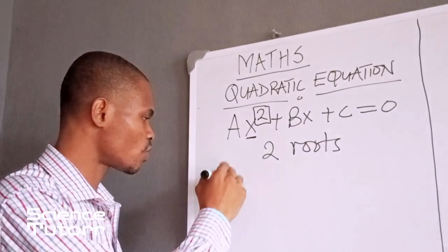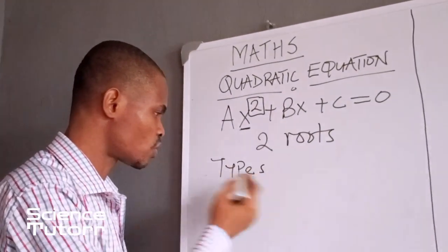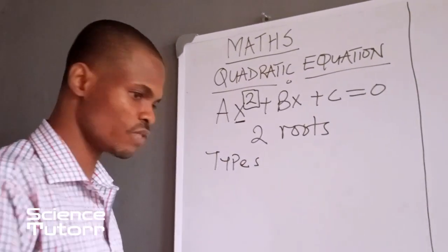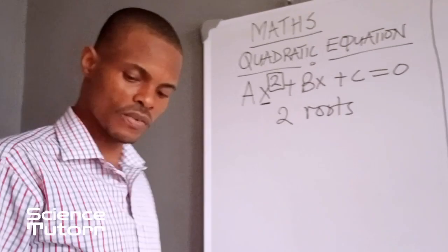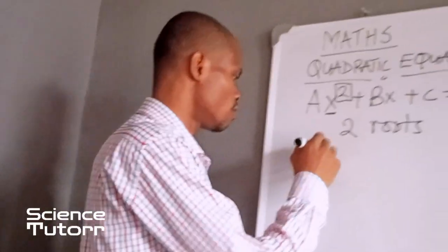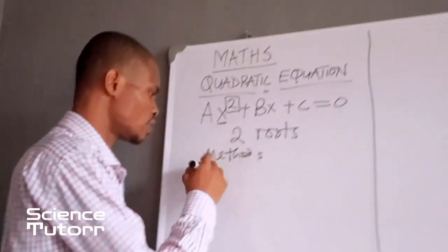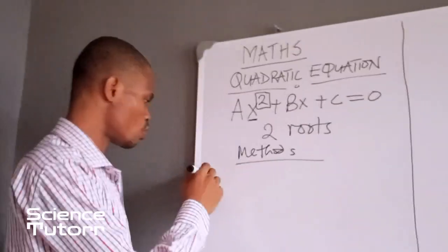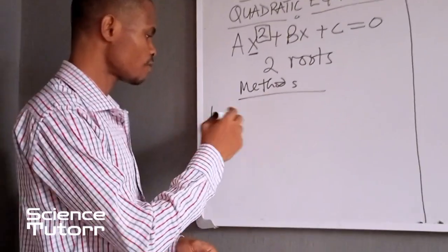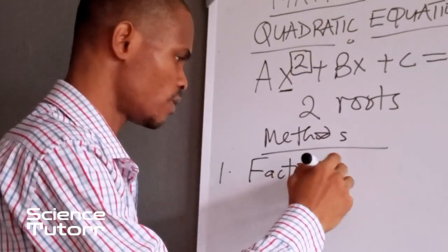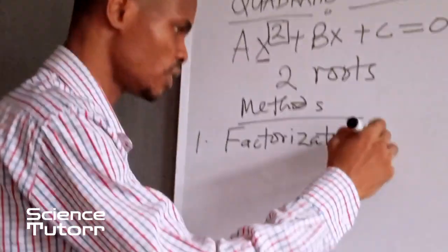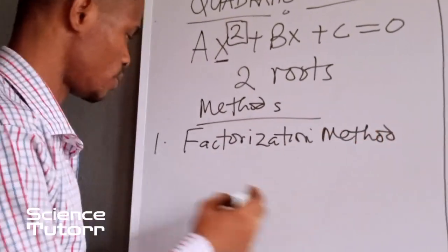Now we have various methods of solving quadratic equation. One of which, the first, is the factorization method.